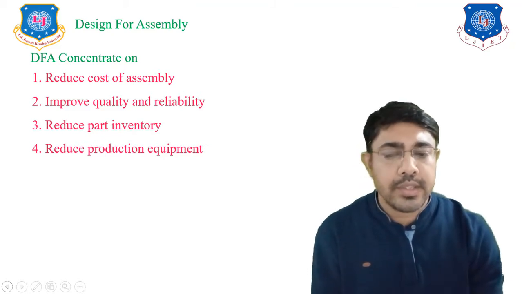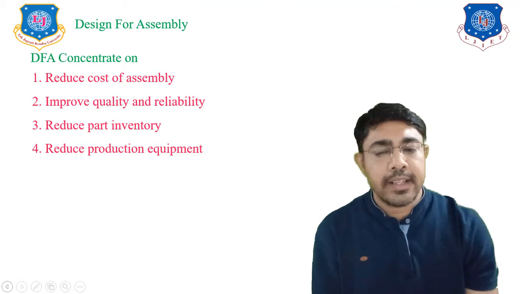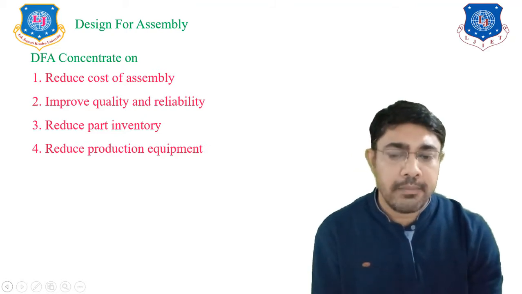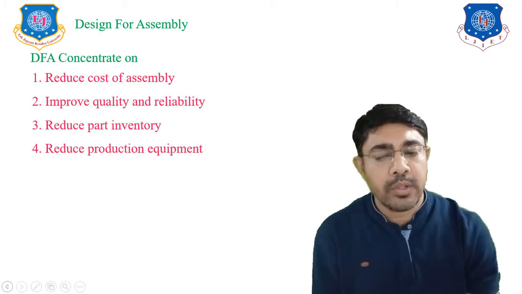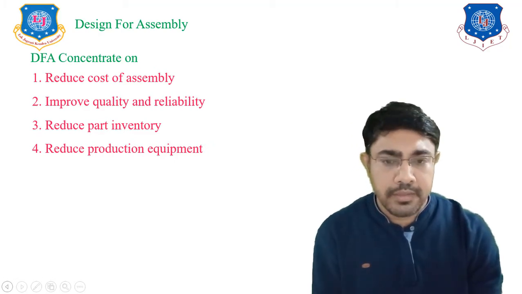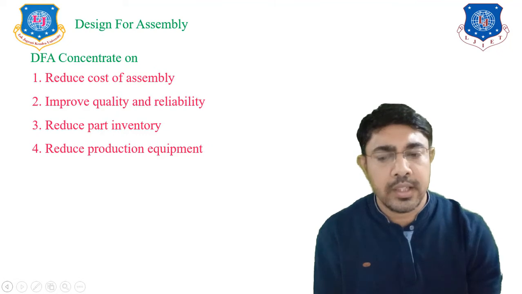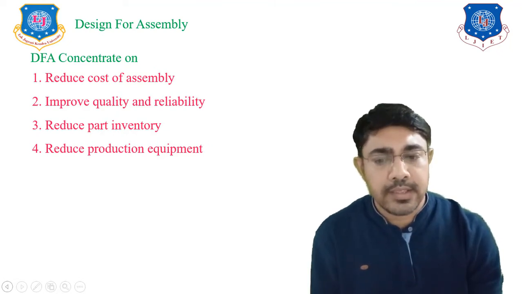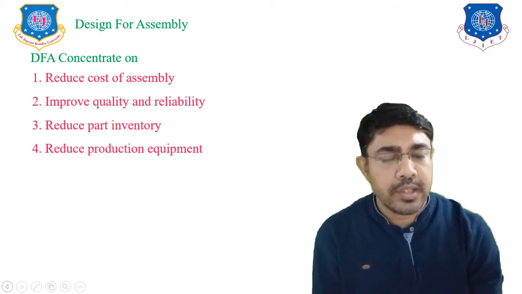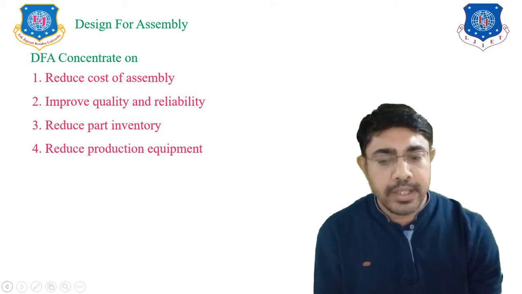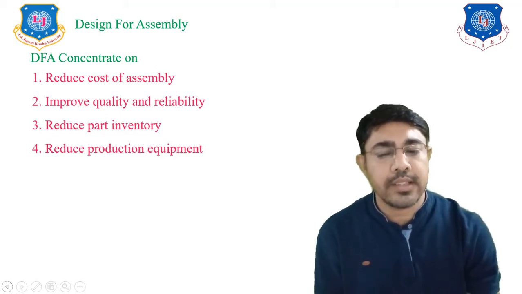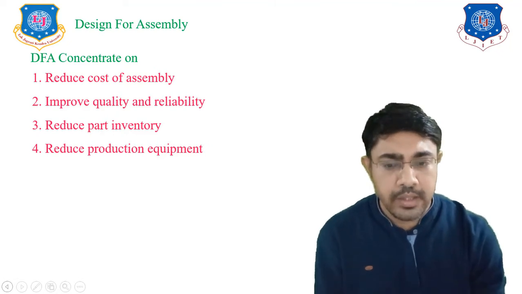First, reduce the cost of assembly. Second, improve the quality and reliability. Third, reduce part inventory. And fourth, reduce production equipment. So mainly, design for assembly focuses on these four functions.